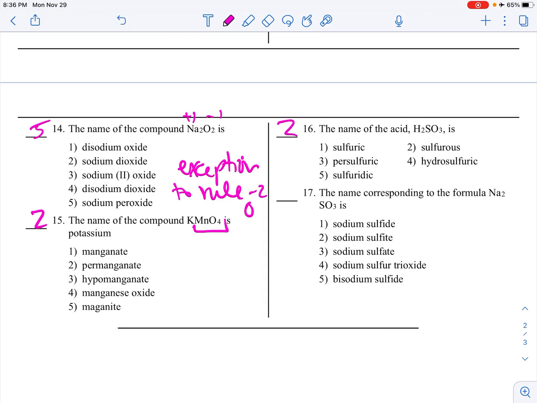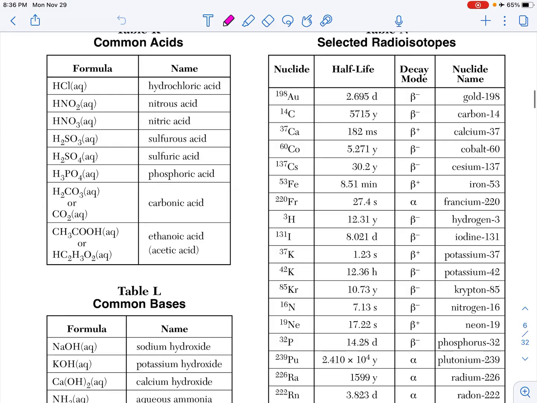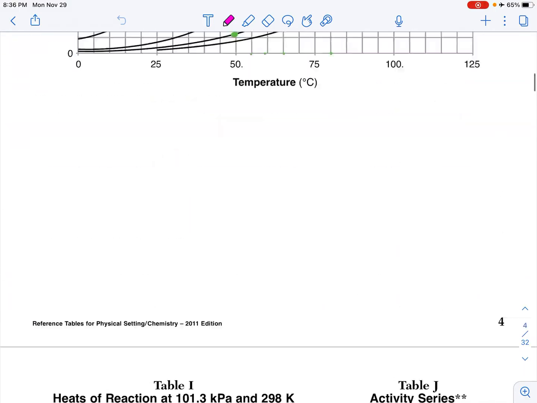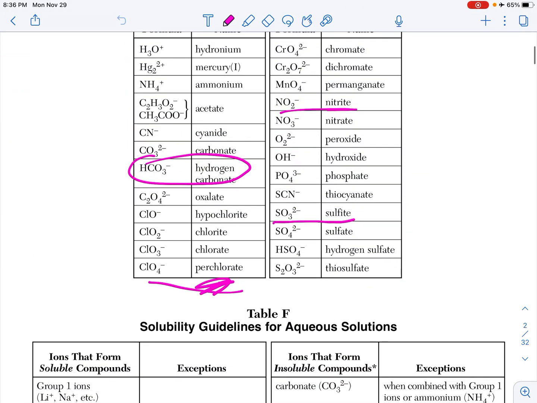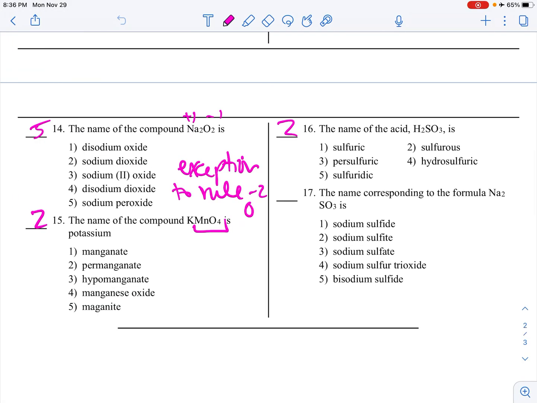And Na2SO3 is sodium. So what is SO3? I'm going to say that's sulfite, but I've got to check. SO3. Oh, table E. SO3 is sulfite. So back to here. Sodium sulfite. Choice 2. Okay.